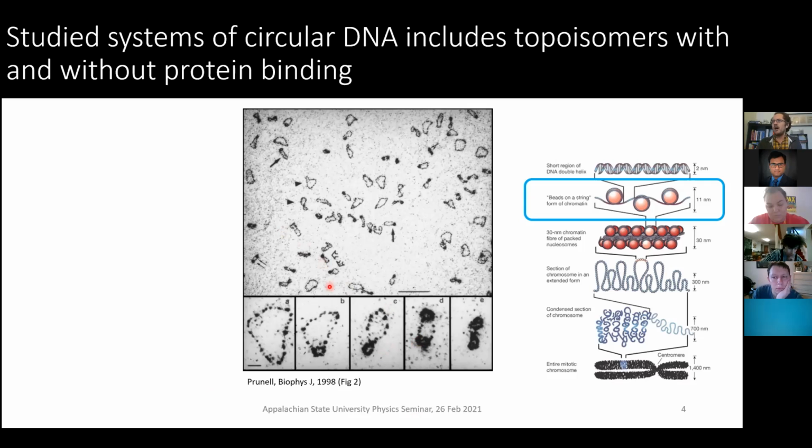As you can see here on the bottom, that shows more zoomed in approaches to the circular forms of DNA. You would see in options B and C, there's one histone core particle that wraps into 2 different types of DNA, a more open configuration in B and a more closed configuration in C. And open and closed has to do with how the entry and exit free DNA either crosses itself or doesn't cross itself.